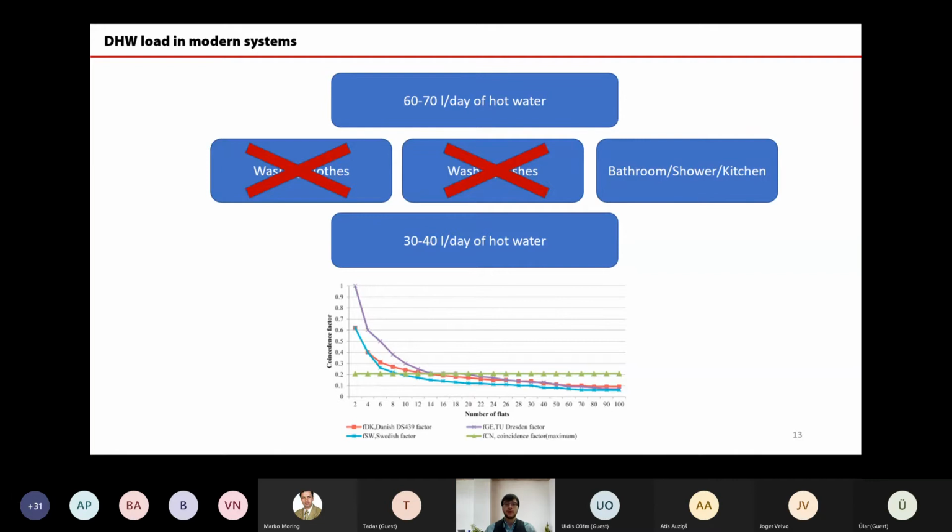I'm just showing you here a graph which you can easily also find on the internet. It refers mostly to Danish and Swedish factors which they empirically calculated for big multifamily houses. And you can see a simple way of understanding this graph. Here are your number of flats, here is your coincidence factor.